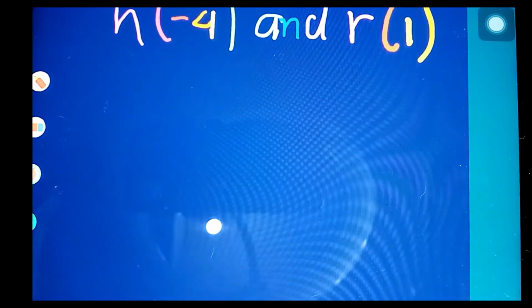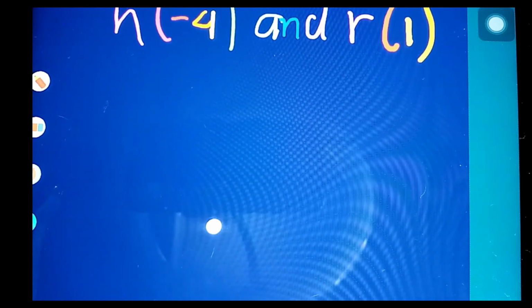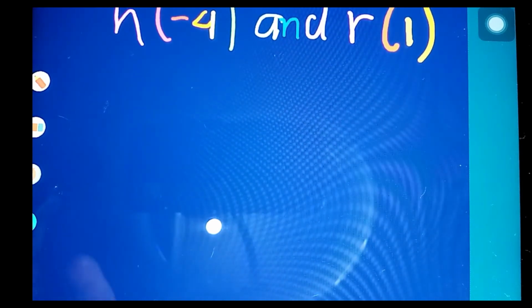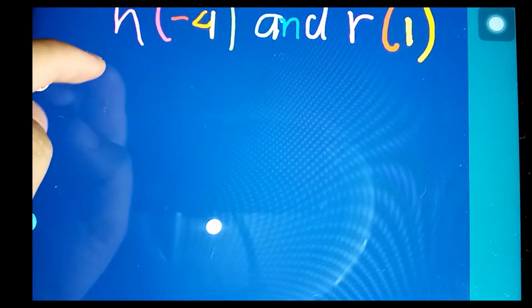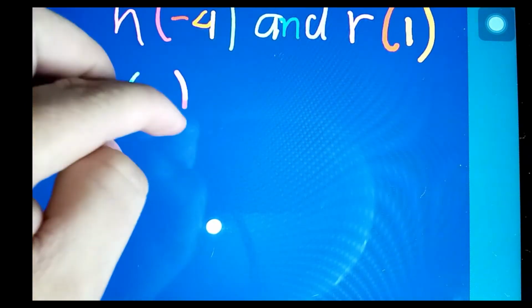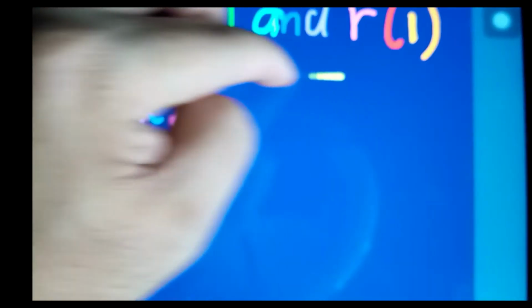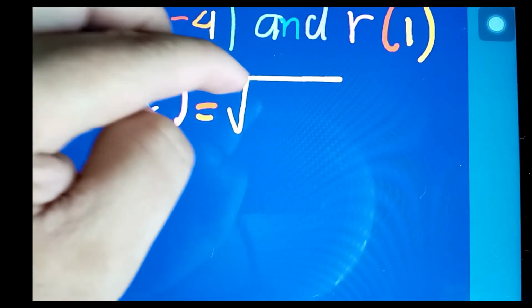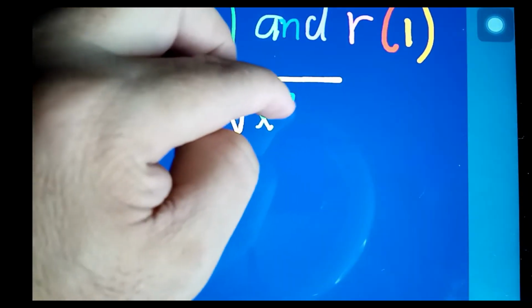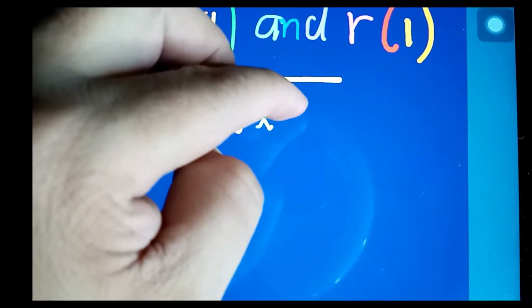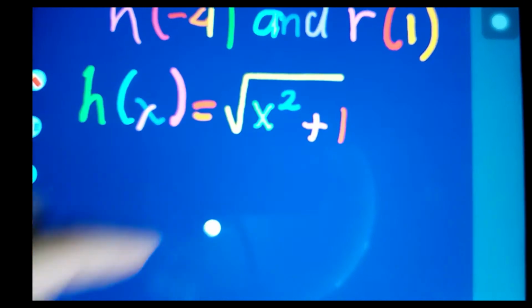Take note that our function h of x is square root of x squared plus 1.